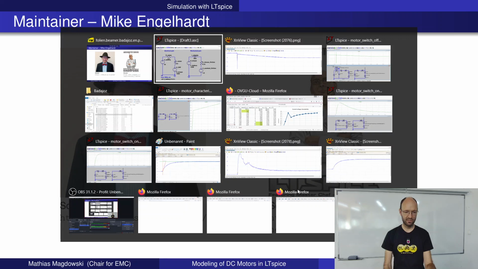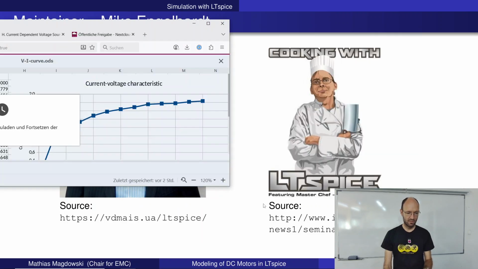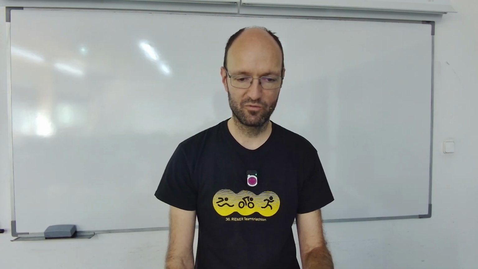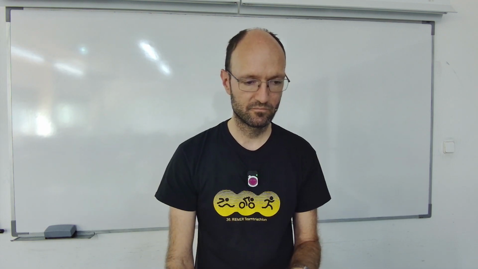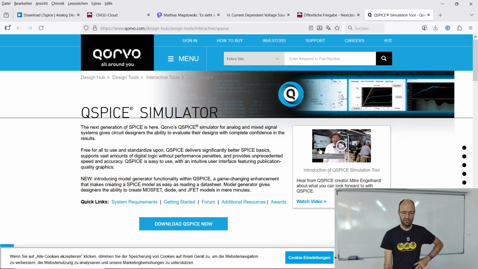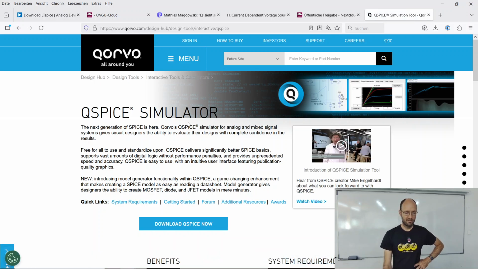We can check in the browser. So if we search for QSpice, this is another type of SPICE simulator that is the new project of Mike Engelhardt.